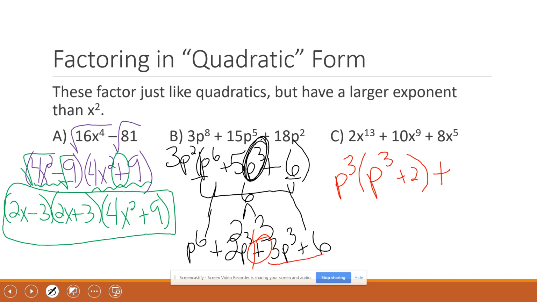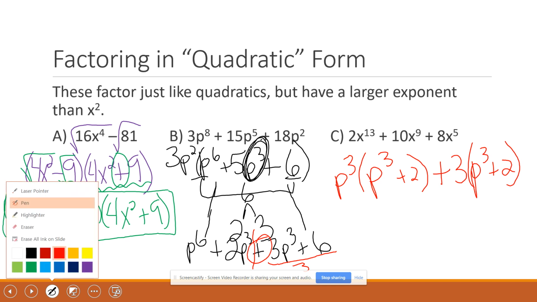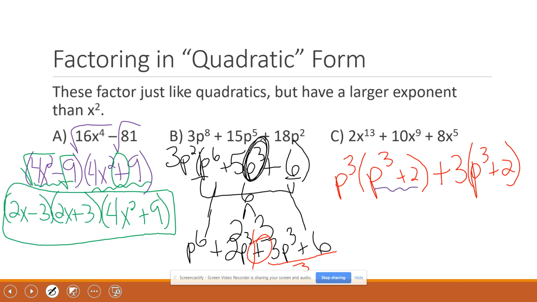Our greatest common factor with 3p to the third and 6 is 3. 3p to the third divided by 3 is p to the third, and 6 divided by 3 is 2. So we are again checking, oh, yep, inside my parentheses is exactly the same.